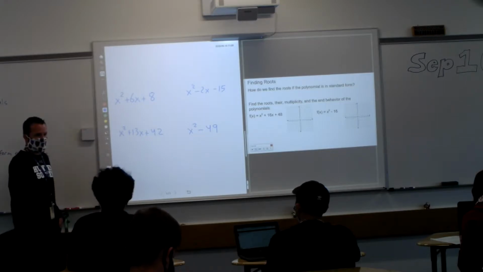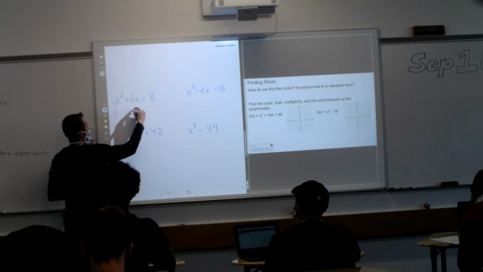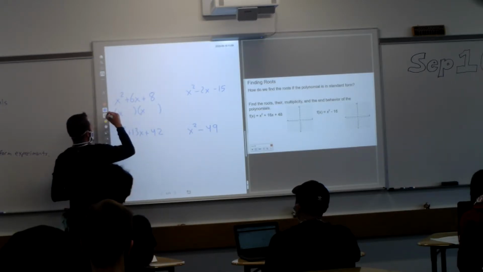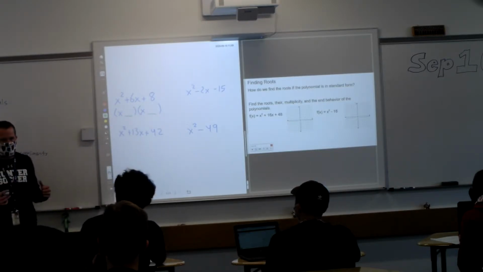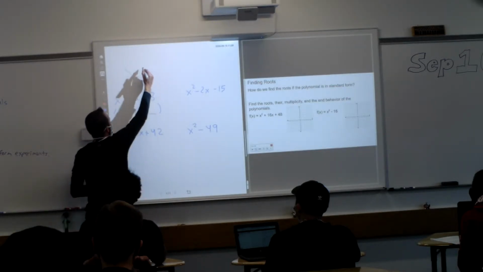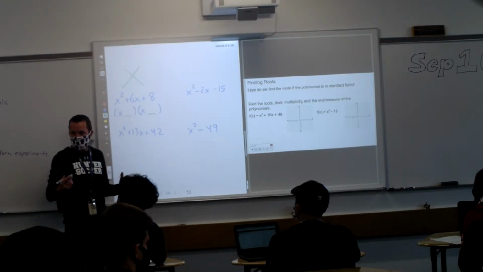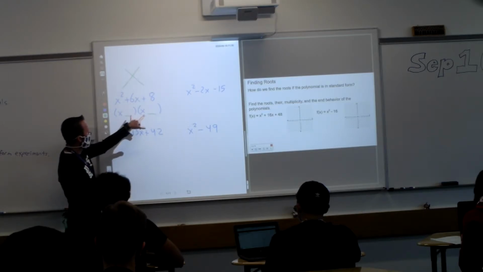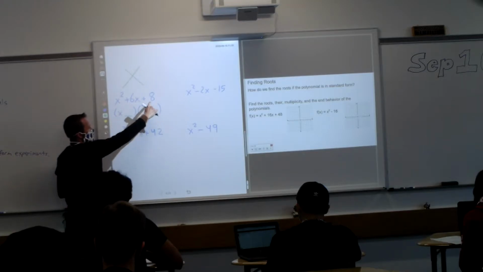First one together, okay? So I'm looking at this and I'm trying to get it into parentheses. I'm going to have an x here and an x here. I'm going to have 2 numbers. Tell me about those two numbers. What do they do? These two numbers, if I were to multiply them, they would multiply to give you the 8, right?